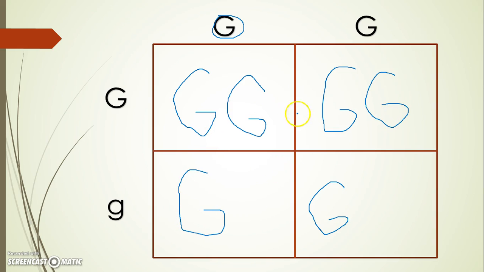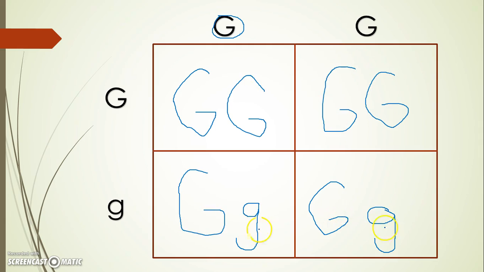Now, you've noticed these are all capital G's. However, we have a lowercase g here, and we're going to bring this across. So, we have 2 capital G's here, we have 2 capital G's here, a capital G and a lowercase g, a capital G and a lowercase g.